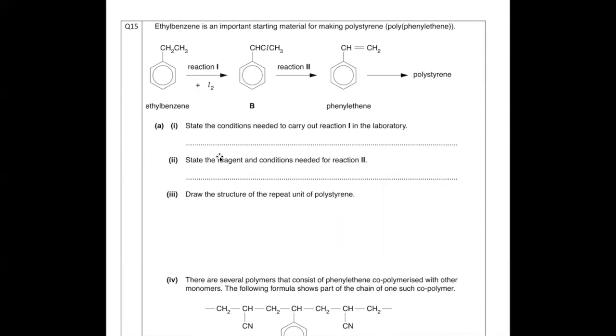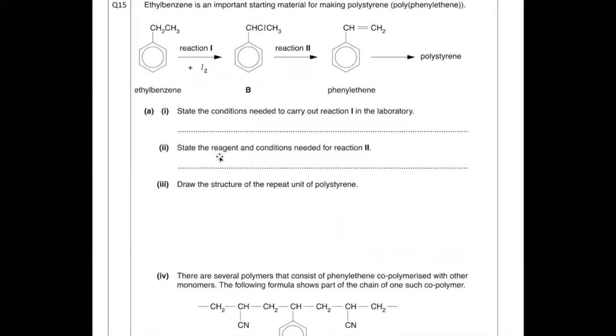Okay, so let's just see what's happening here. Okay, so in the first reaction, you have added chlorine onto the alkyl part of the alkyl benzene. So that means the reaction has nothing to do with the benzene. So it is in fact a reaction in the alkane.